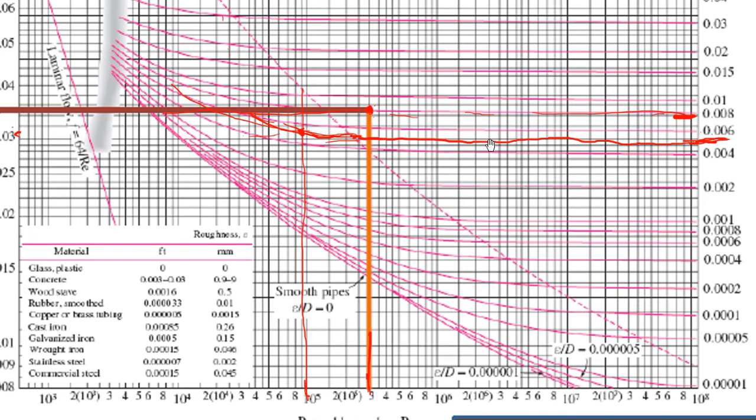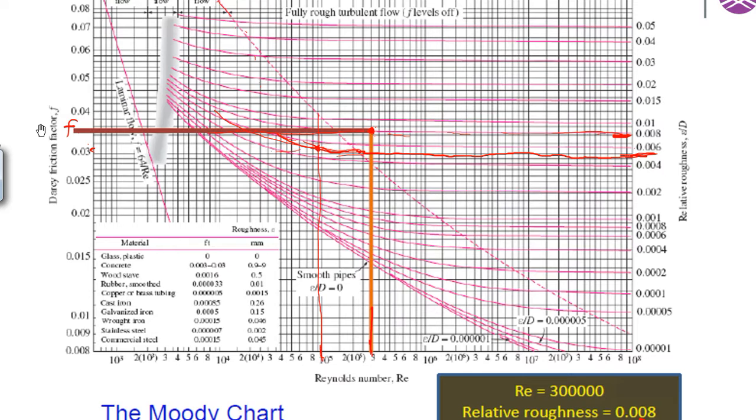You draw a line, and because this is beyond this dotted line, you need to do a little bit of a curve. That intersection will determine your friction factor. So from what I did, I get F equal to 0.029. If I do it properly, I get 0.029, somewhere here.